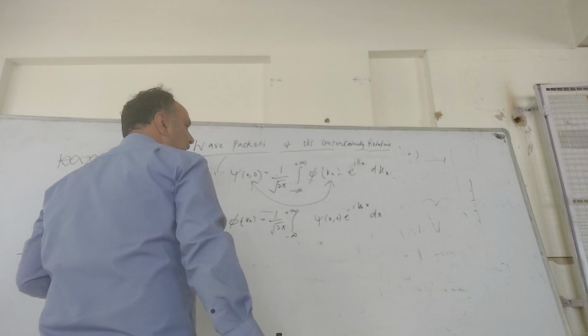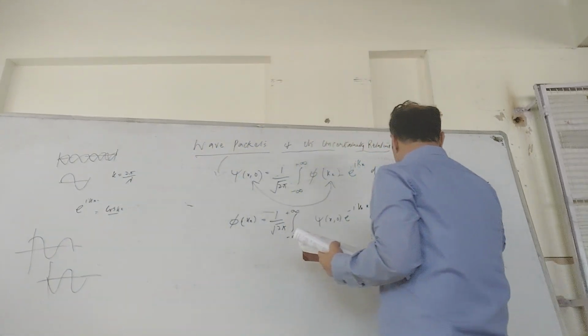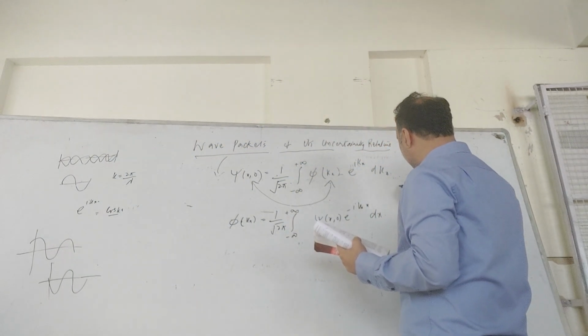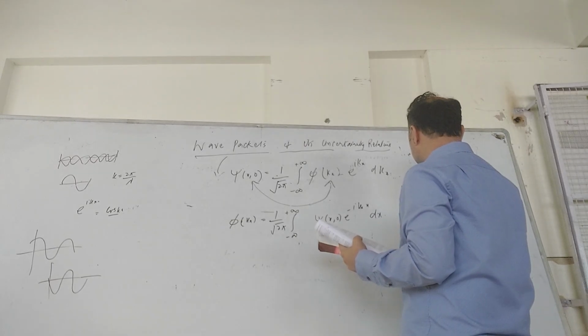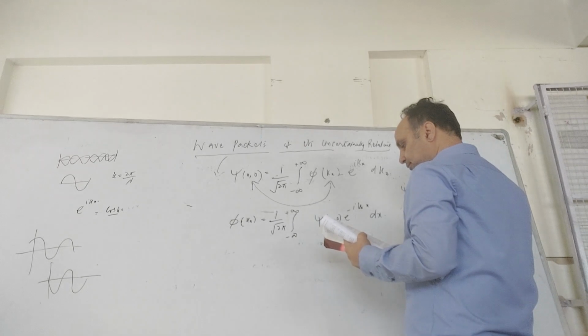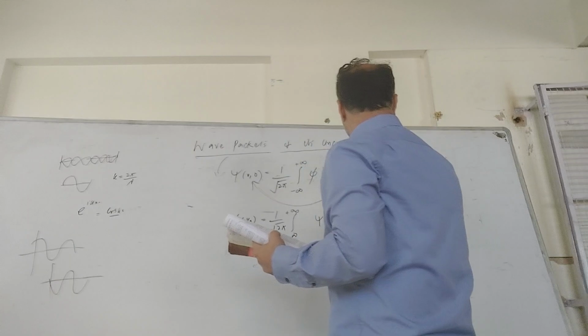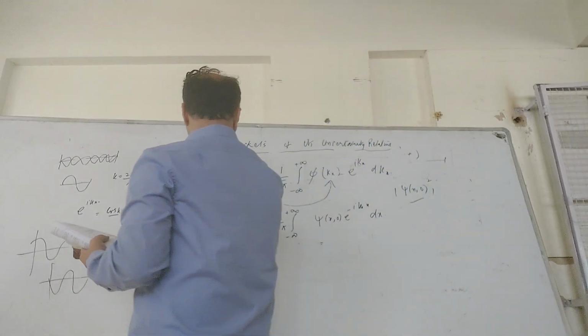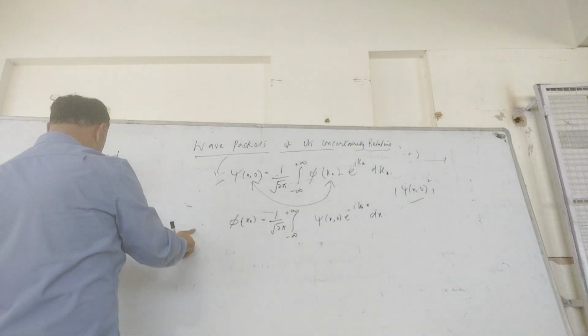Now, under very general conditions, we basically have to satisfy the total intensity of the wave function psi, for psi square, for this formula and this formula.